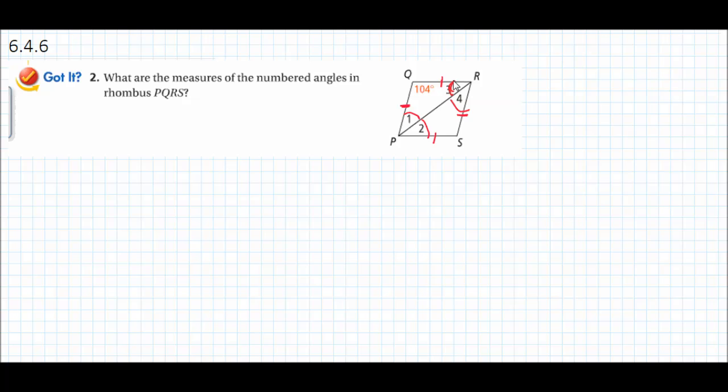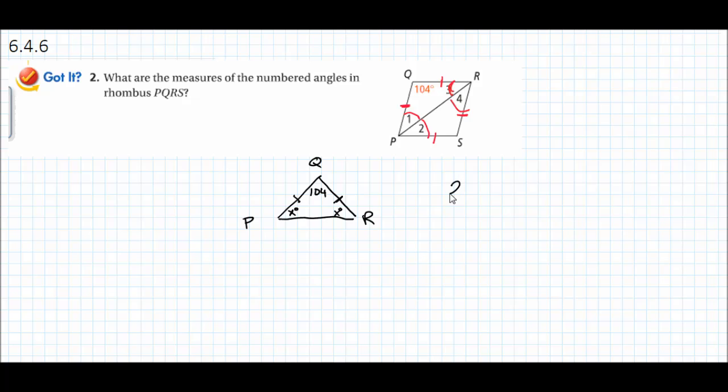We know this because let's just draw our triangle PQR. Well, if we know angle Q is 104, we know PQ and QR are congruent, we know angle 1, we'll just put x for now. We know both those opposite angles must be congruent.